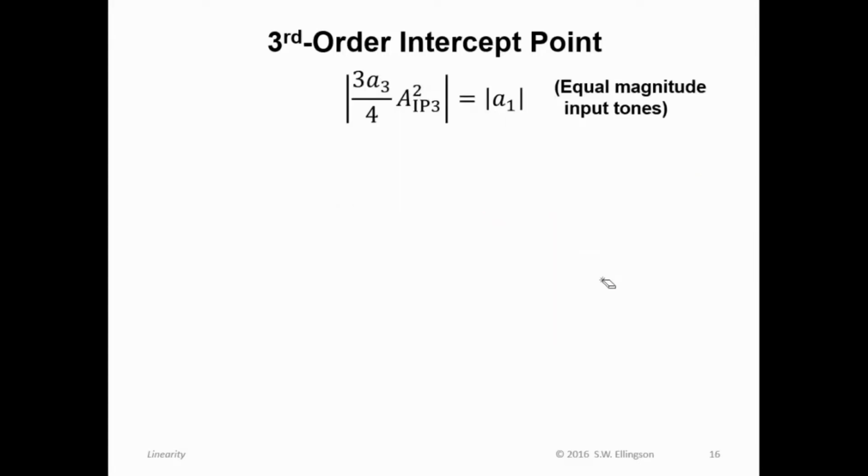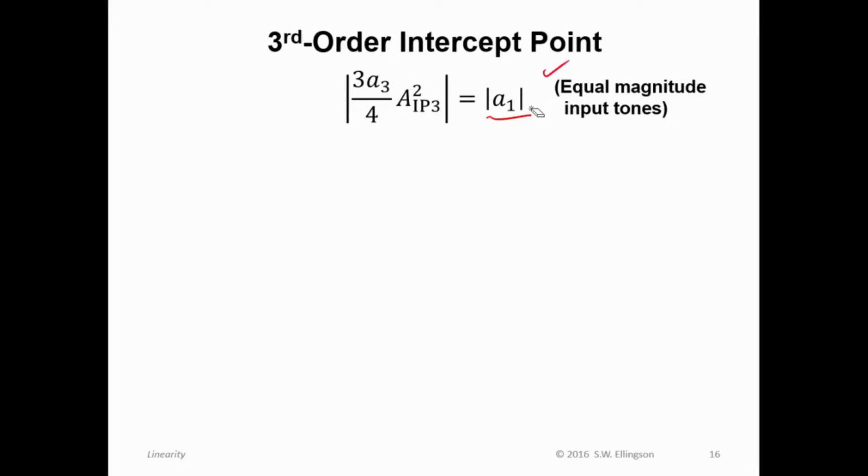Now, if we have a third order polynomial model, we can compute the third order intercept point in terms of the coefficients of that model. So again, everything I've said up to this point about third order intercept point applies generally, even if we have some device that doesn't follow the polynomial model. But if the device is describable in terms of a polynomial model, then we can compute the third order intercept point in terms of the coefficients. And it's quite simple to do. It's simply the solution to this equation, right?